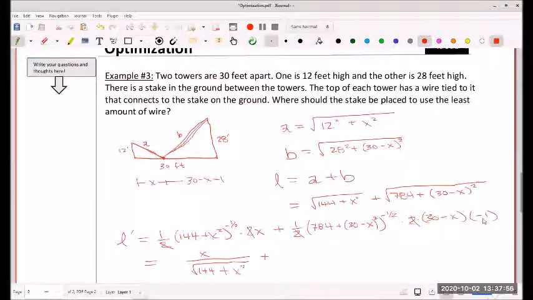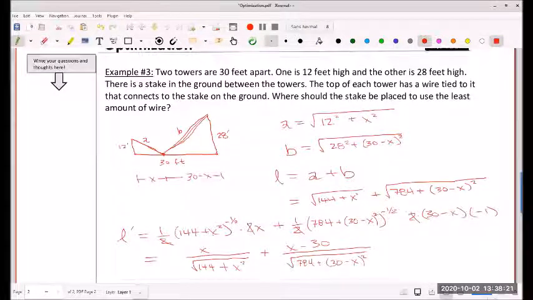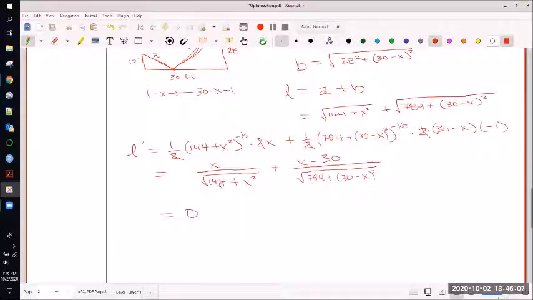I'm actually going to have a negative sign come out here, but I'll just multiply the negative 1 and distribute that into the 30 minus x. So I'll have a plus x minus 30 over the square root of 784 plus 30 minus x squared, like that. Okay, so we want to know when this is equal to 0.